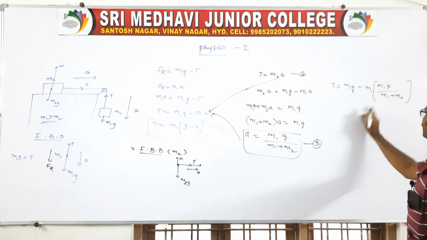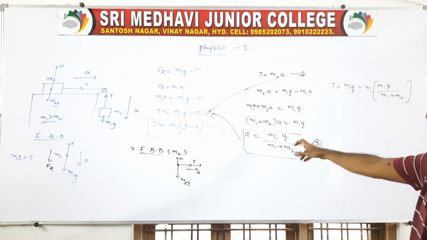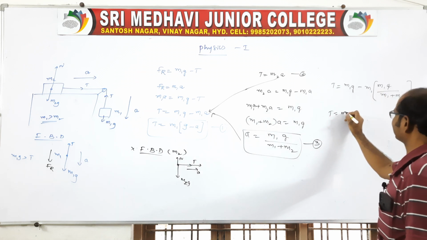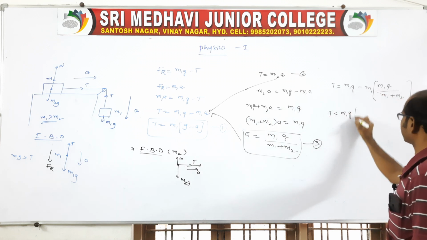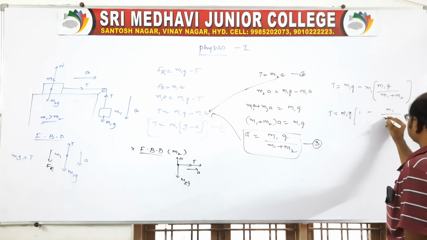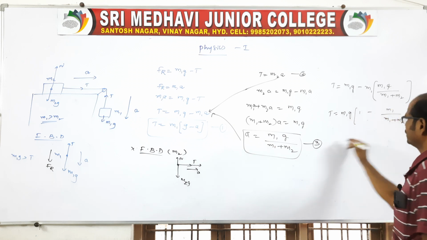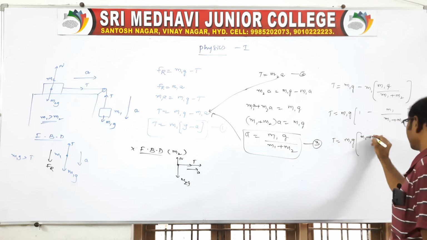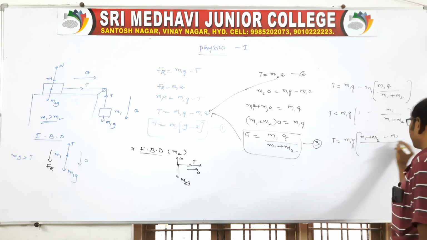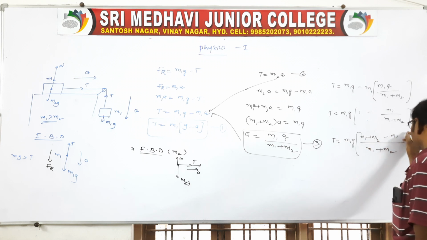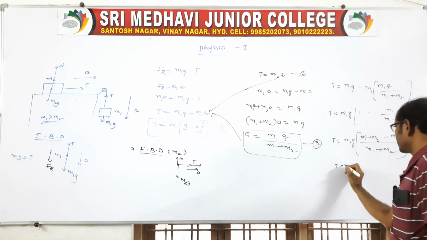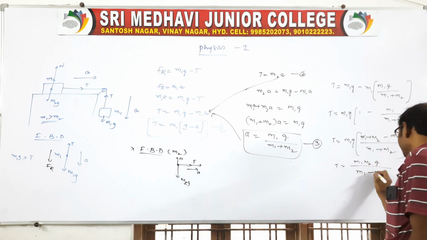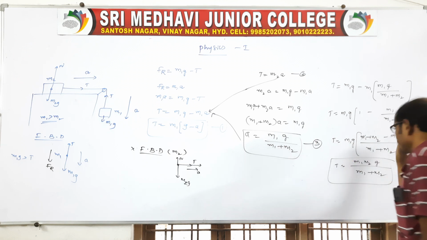Here m1g is common, so T equals m1g of 1 minus m1 by m1 plus m2, which is m1g of m1 plus m2 minus m1, over m1 plus m2. Cancel m1 and m1, so T equals m1 m2 g by m1 plus m2. This is the tension.